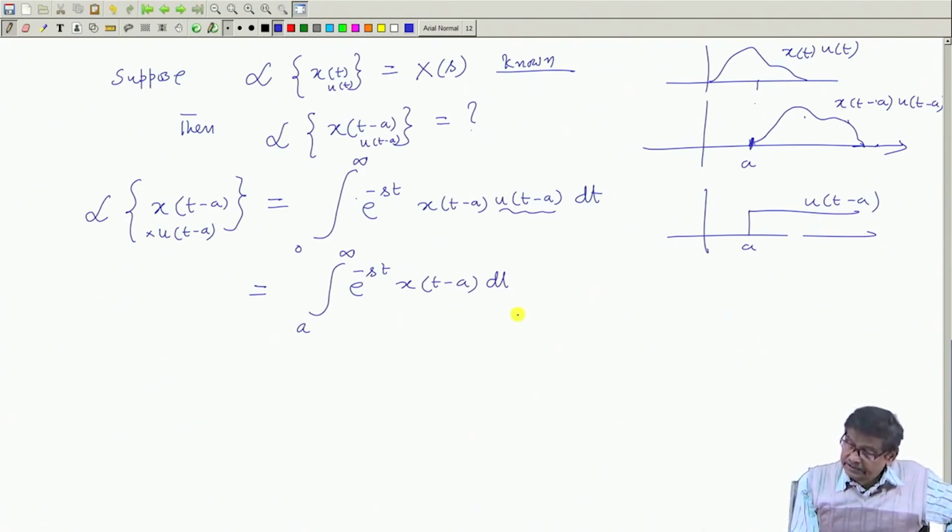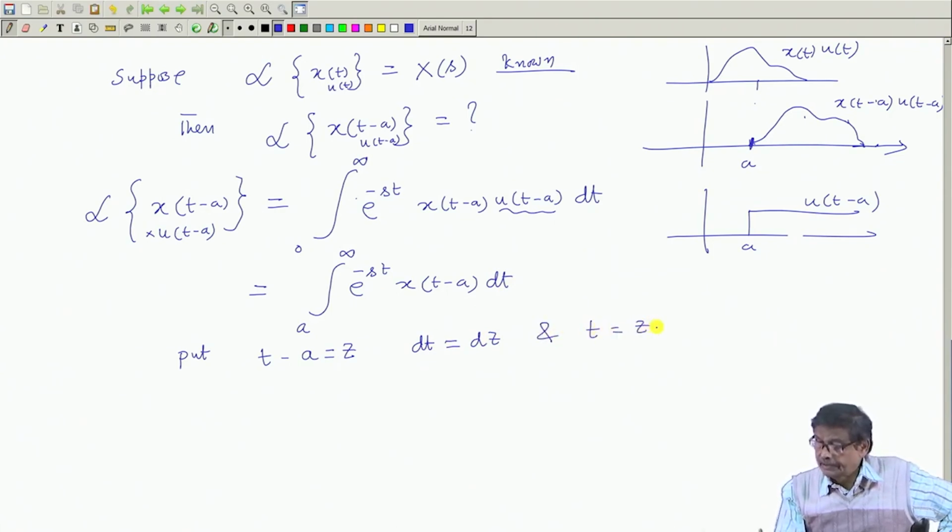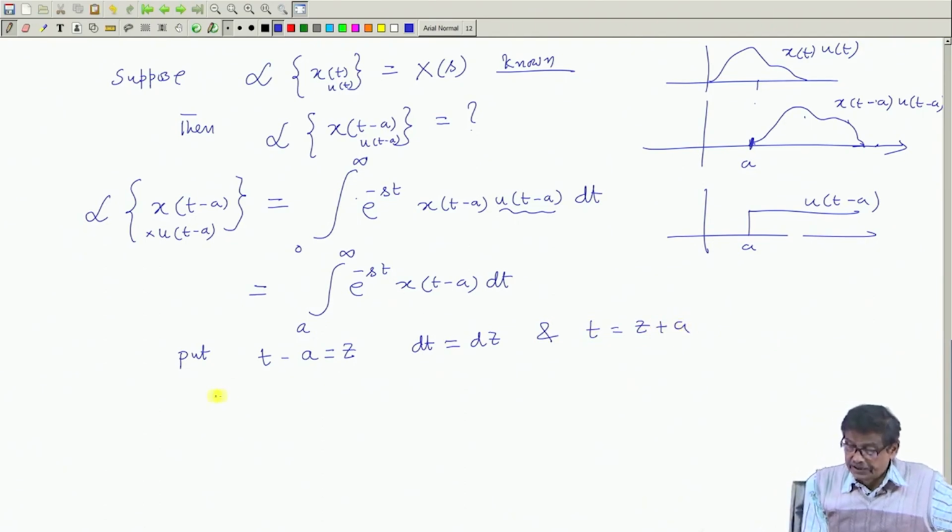Now, to evaluate this integral, put t minus a equal to some variable, say z, so that dt will become dz and t is equal to z plus a. So, put it here.